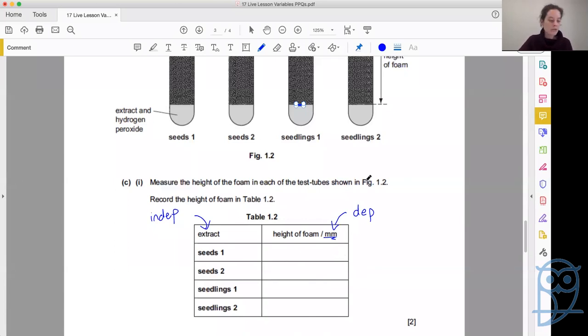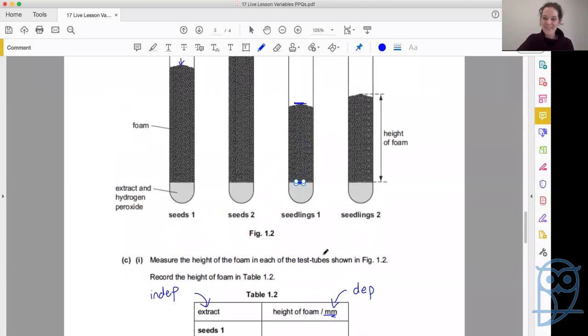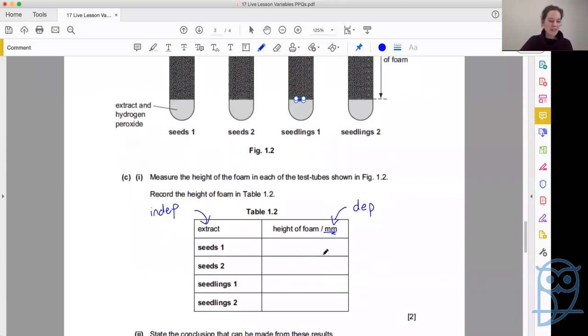So you put on your ruler, and I did print it off and do it on paper. Seeds 1 comes out at 56 millimeters, seeds 2, 67, seedlings 1, 37, and seedlings 2, 42, which is quite nice because it mirrors the results we got from the oxygen count. Seeds have more than seedlings, and 2 has more than 1 in both cases.